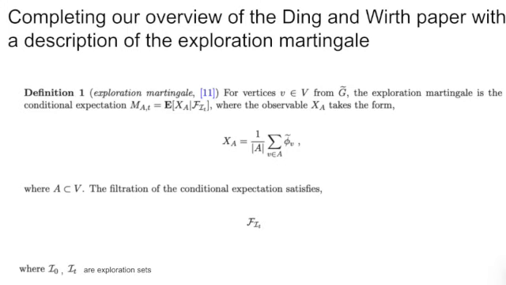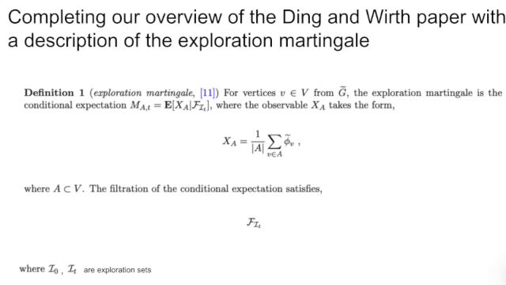And the exploration martingale is given by the following object. So we want to look at vertices v and v from the lifted metric graph extension that we've been using to define the metric graph Gaussian free field in 3 dimensions.